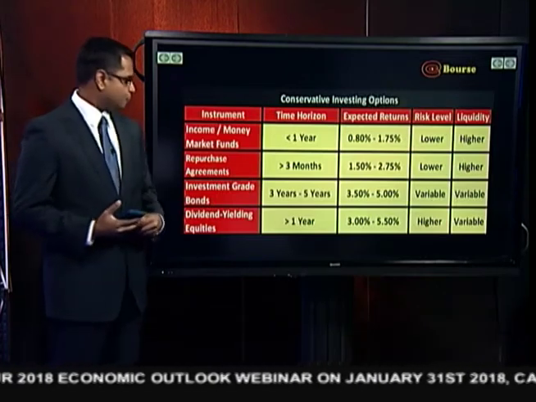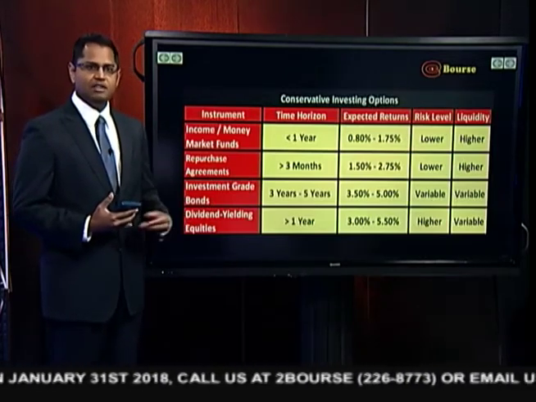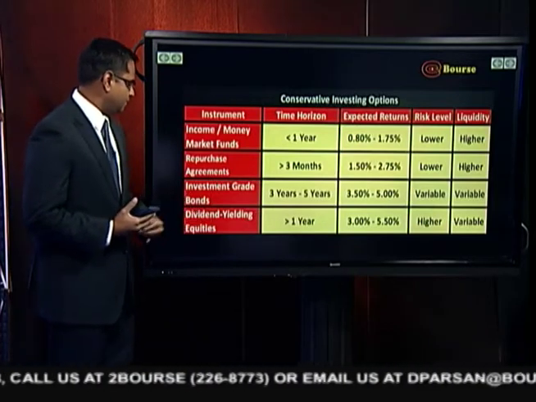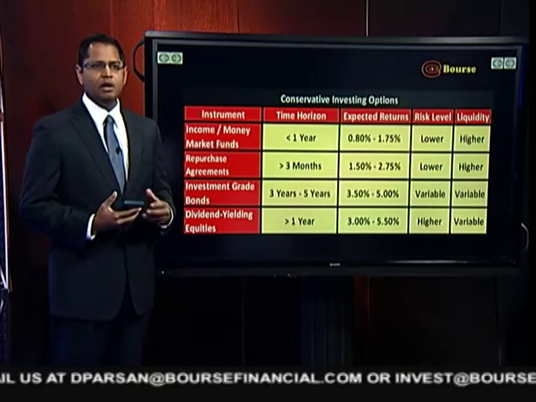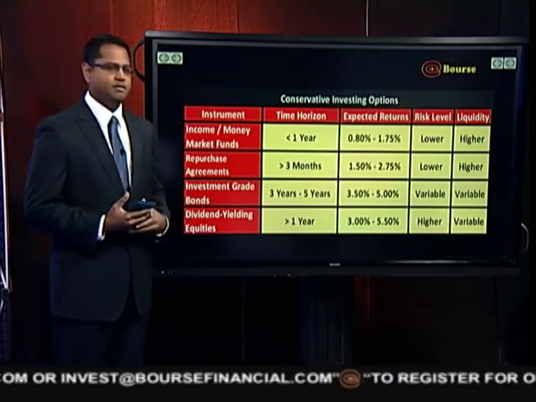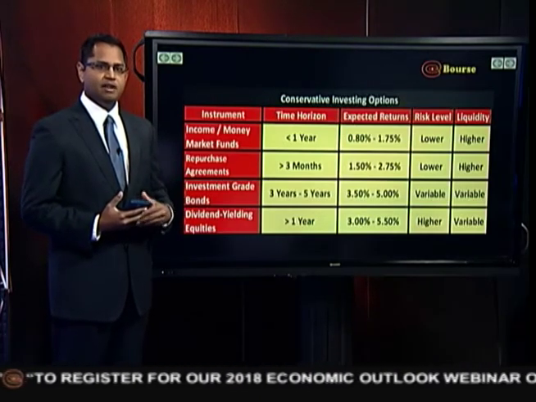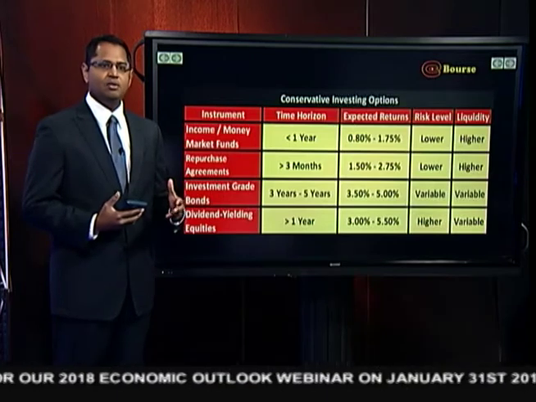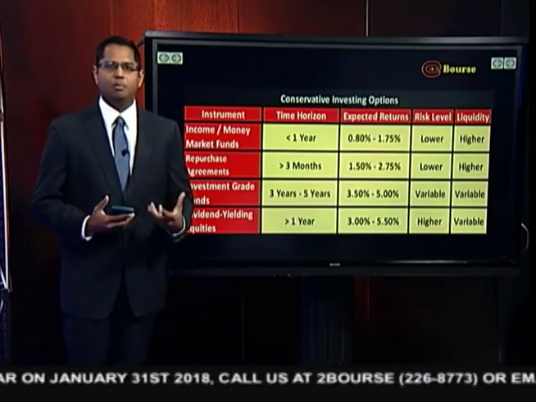And finally, one of the lesser-known strategies for the conservative investor, but one that's growing in popularity, is the dividend-yielding equity strategy. And this really relates to investors who are able to take some measure of equity risk in return for higher returns, but would like to have some stability in the price of their equity and certainty or relative certainty of income received from this investment in the form of dividends.